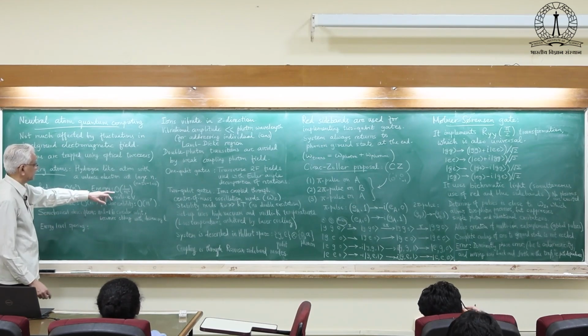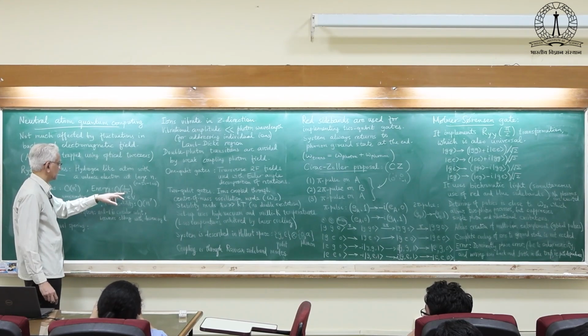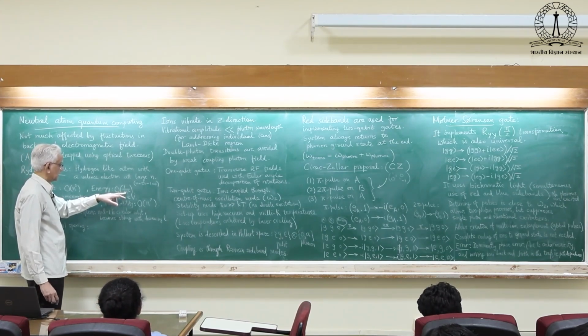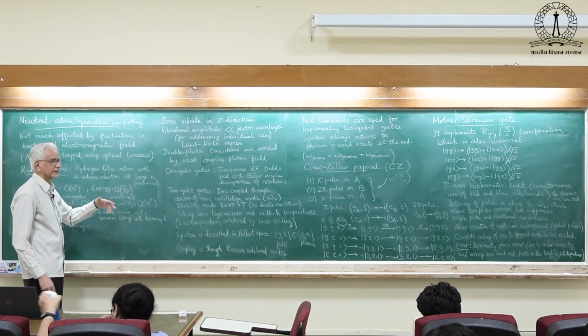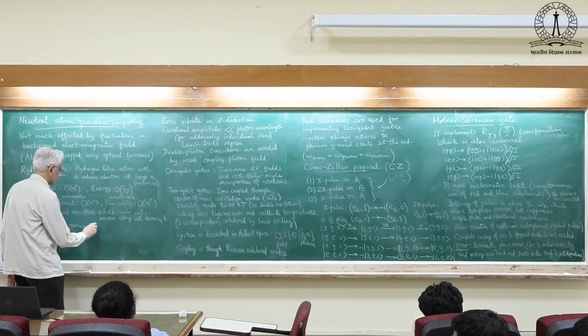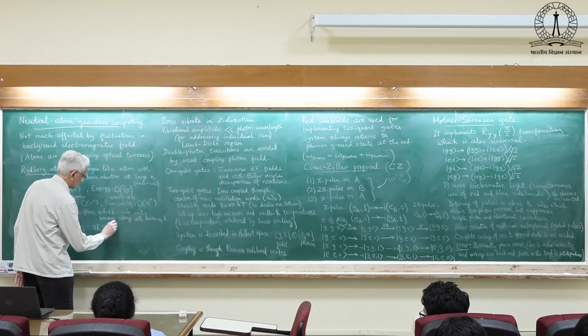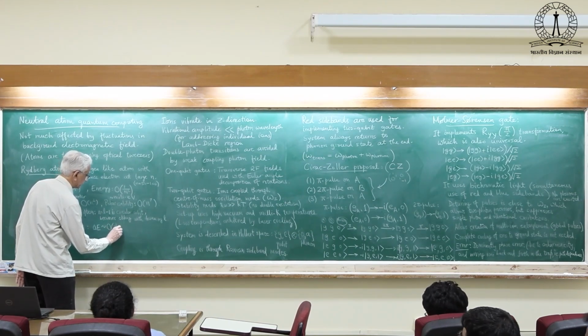What is the spacing between energy levels? Well, you have to essentially count the difference between 1 over n square and 1 over n minus 1 square, the adjacent levels, and that goes like order 1 over n cube.